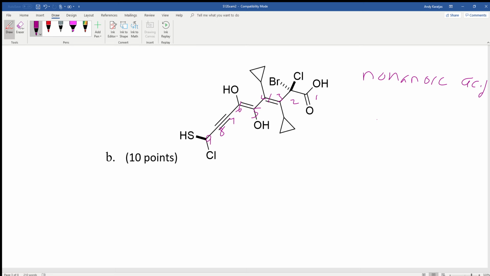I'm going to start listing the substituents just so we have them listed all together. Carbon 2, we have a bromine. Carbon 2, we have a chlorine. We also have 2 cyclopropyl rings at 3 and 4. Of course, because there are 2 of them, we need to put the prefix di in front, so dicyclopropyl.